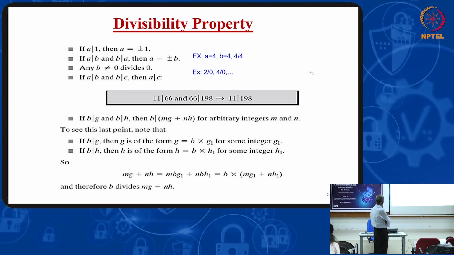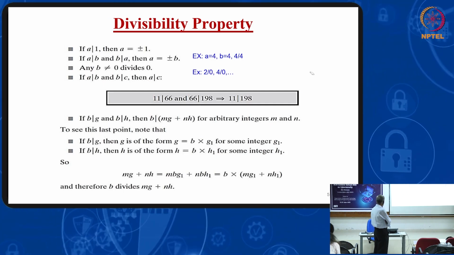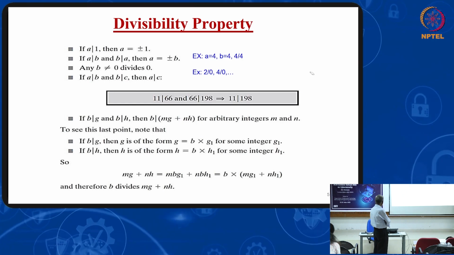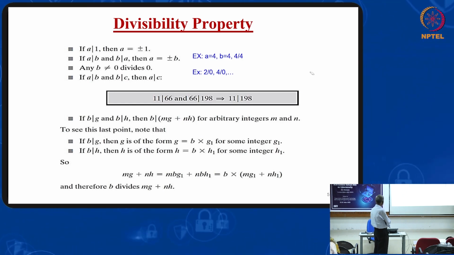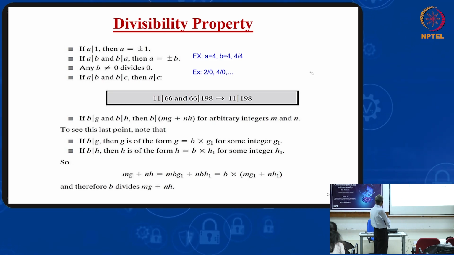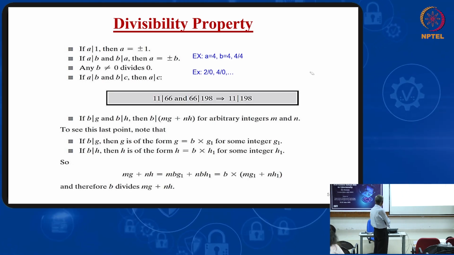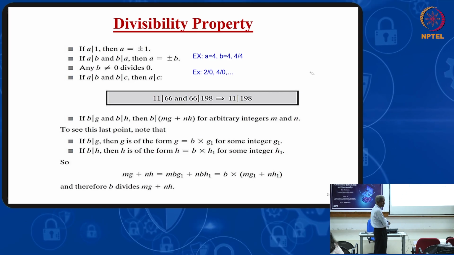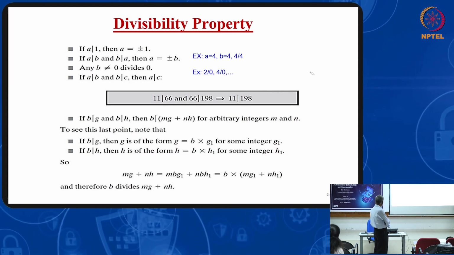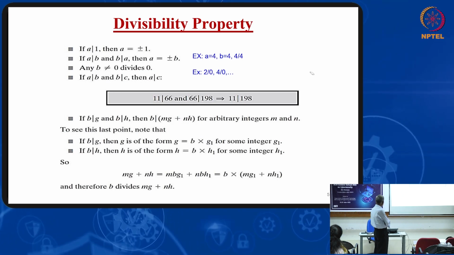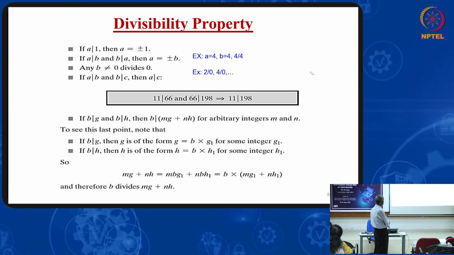If B divides G and B divides H, then B divides mG plus nH for arbitrary integers m and n. To see this, we will have a proof. If B divides G, then G can be written as G equals B into some G1.